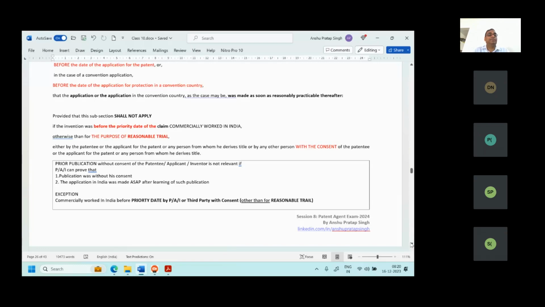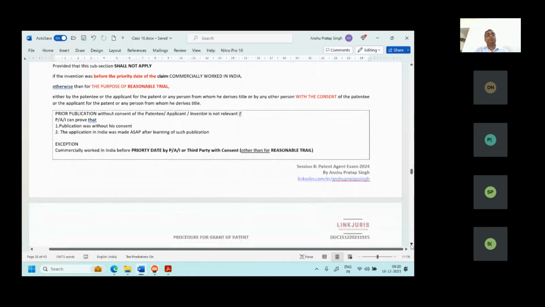So that is the exception. However, please remember, commercial working is allowed if it is necessary for reasonable trial. If you can prove that it was reasonably required for the trial of my product or process, then it will be allowed.